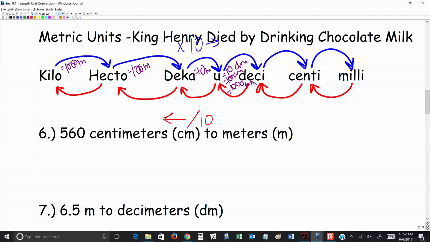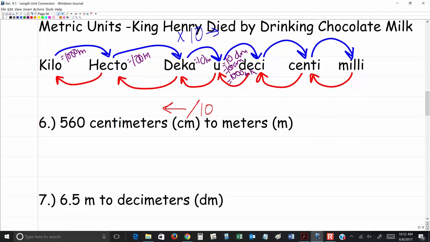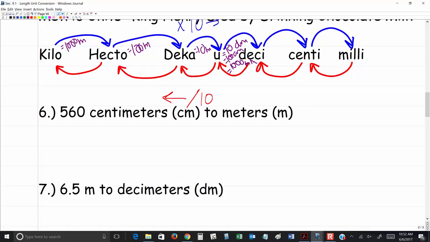Okay, so that's the way I think of it. Even though it might take an extra step, I always want to refer everything back to the meter. So anyway, that's just me. If there's another way that you like to do it and it works for you, more power to you.